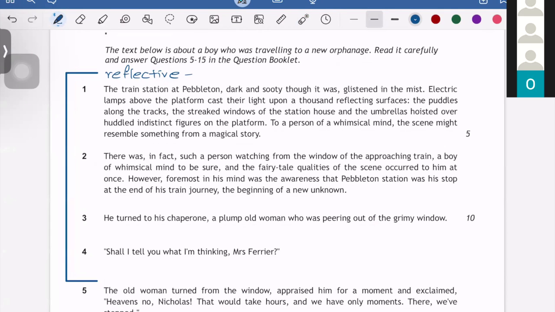These few paragraphs are talking about Nicholas' deep thoughts about his environment. So he is being very reflective.